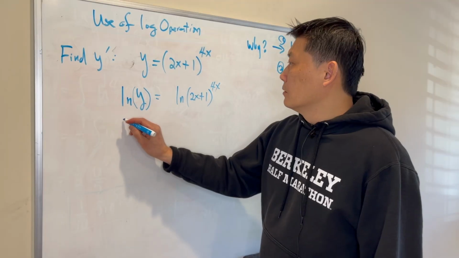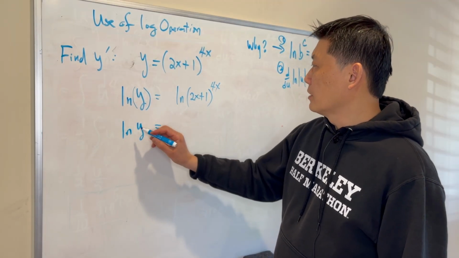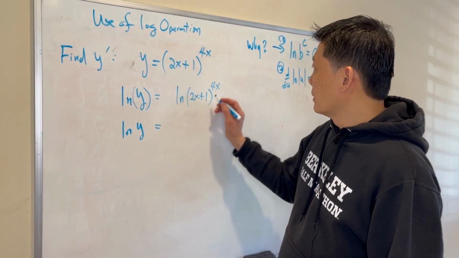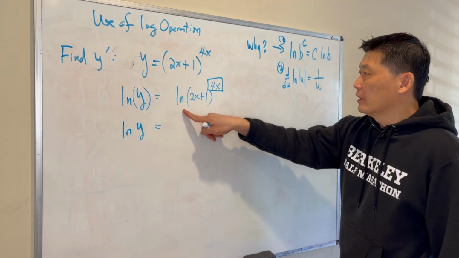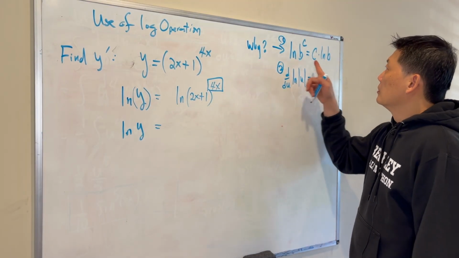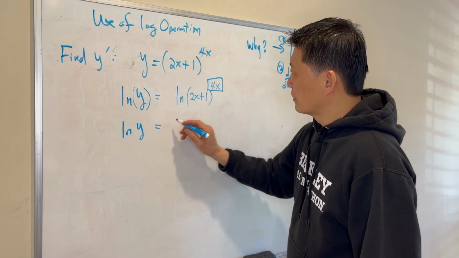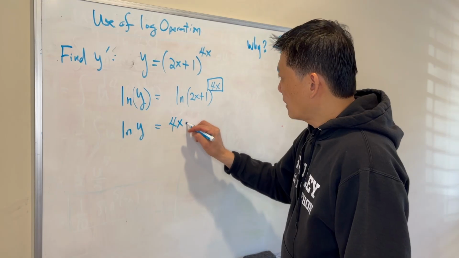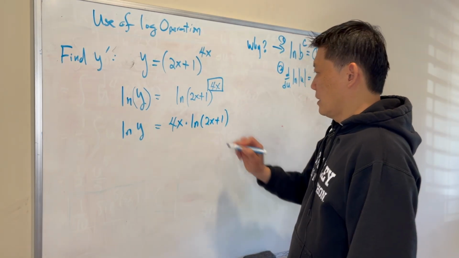Now the next step is to simply write it this way, and we notice that you have ln of this thing to the power of 4x. Applying this rule, 4x goes to the front, so 4x times ln of (2x + 1).